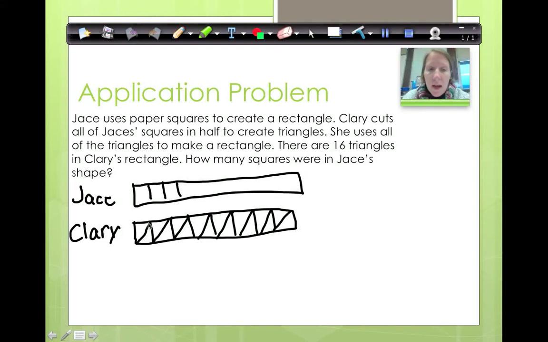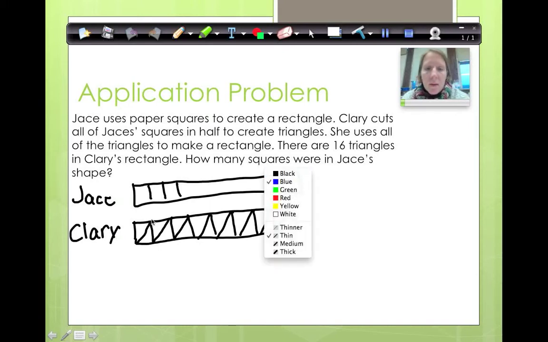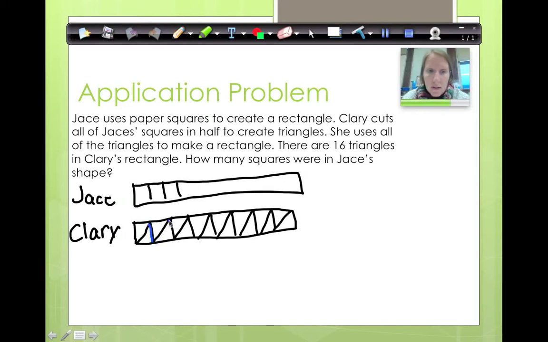Well, let's see. If I were just to do squares, let me change my color. Let's do blue for Jace. Now, Clary's cut a square here. Cut a square here. So here's a square. Here is a square.